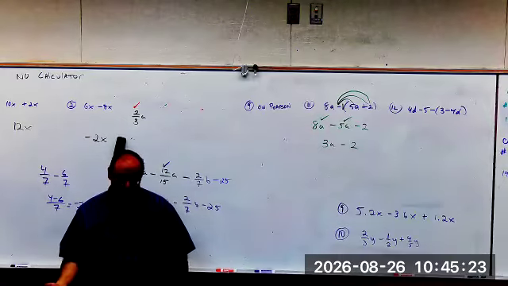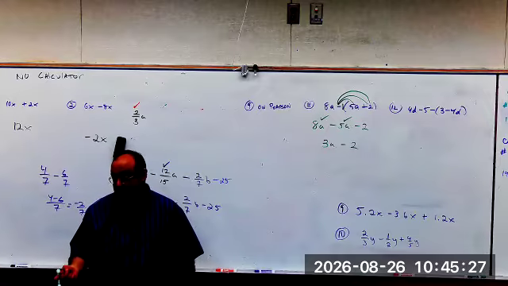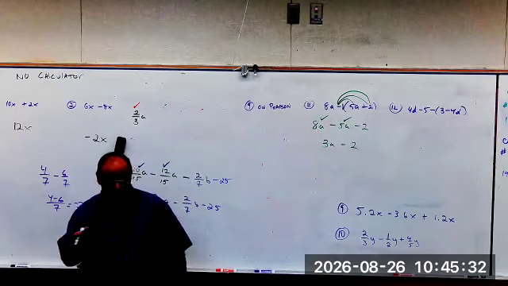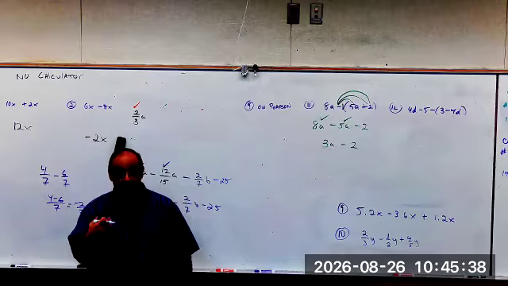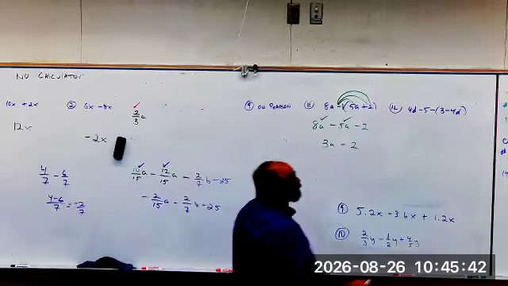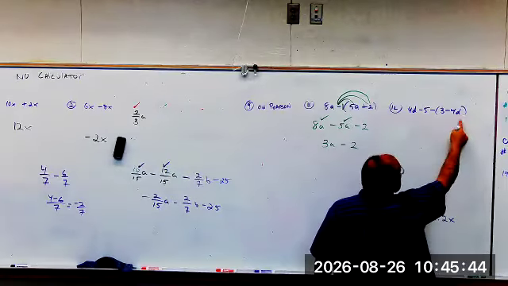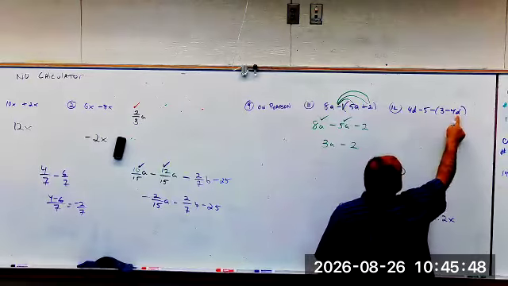But more importantly, look at it from this perspective. Negative means opposite. A negative makes a positive become a negative. Change the sign. A negative times a negative becomes a positive. It changes the sign. So when you have a negative in front of a parenthesis, everything on the inside is going to change the sign.